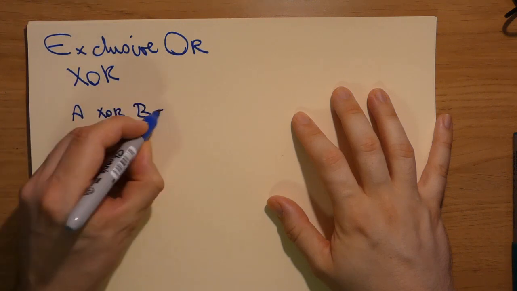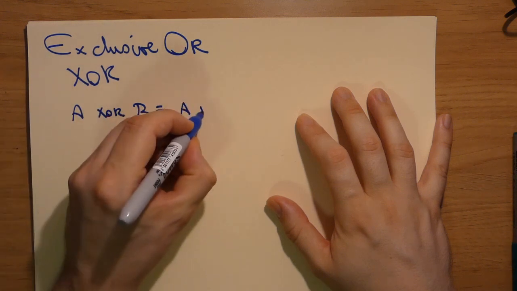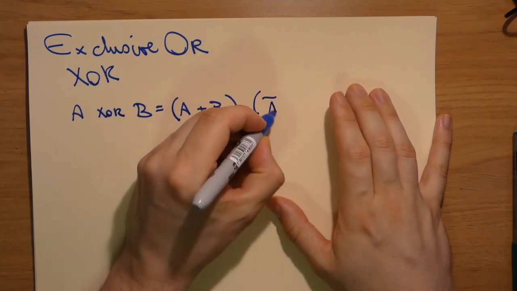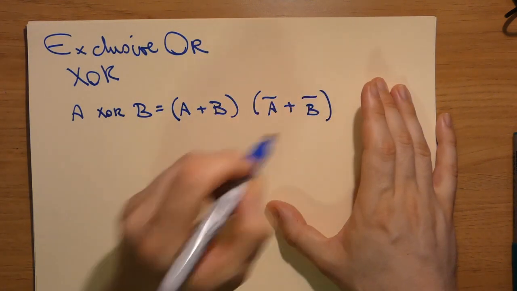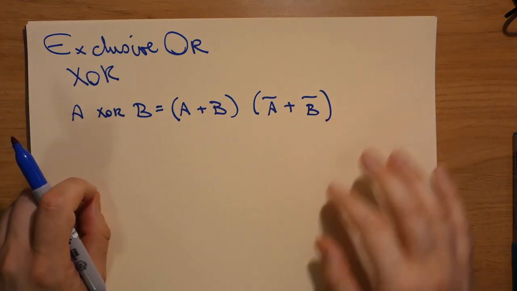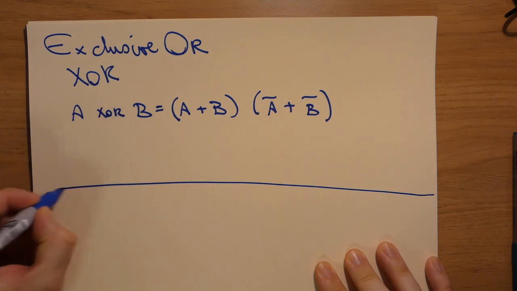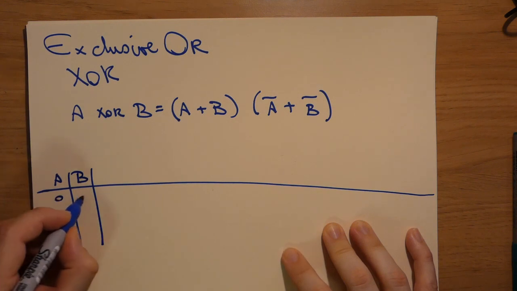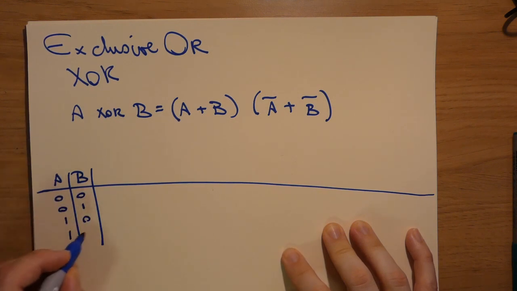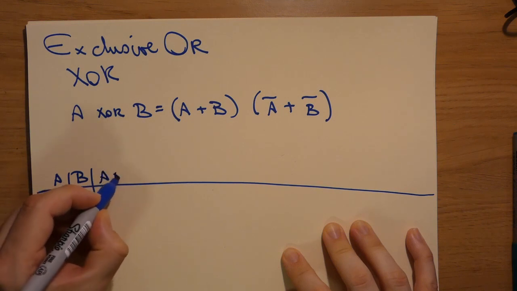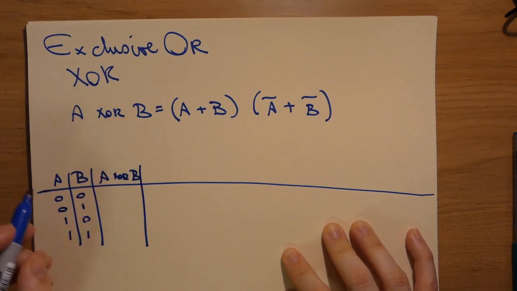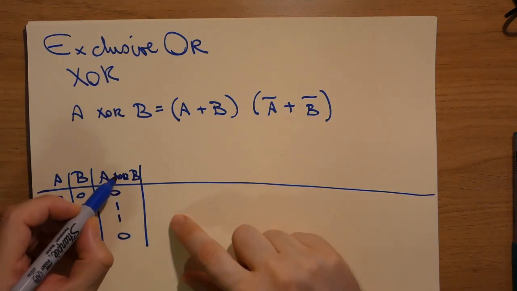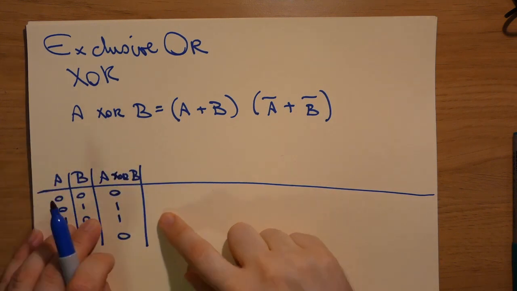The exclusive OR equals A plus B and not A plus not B. So if I draw my truth table again, I have A exclusive OR B. This is true by definition.